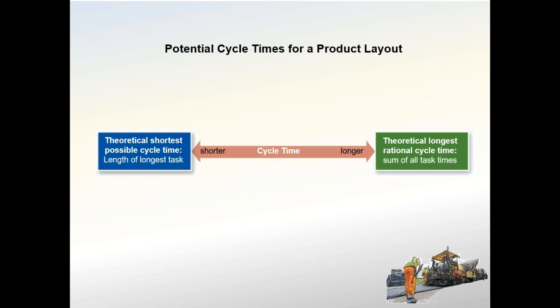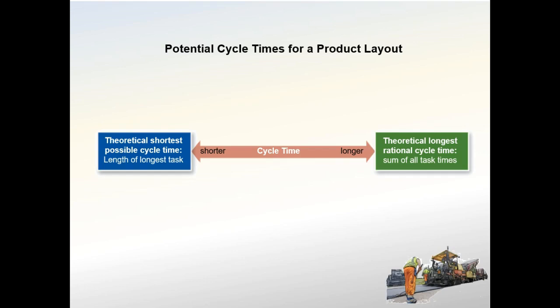Any product layout cannot be designed without first selecting its cycle time. Figure 6.5 here illustrates the range of choices in cycle time available to the layout designer. At one extreme in figure 6.5, a product layout cannot operate with a cycle time any shorter than the length of the longest task to be performed, or that task would never be performed successfully. That makes sense, right?